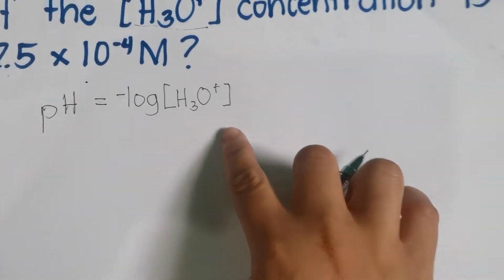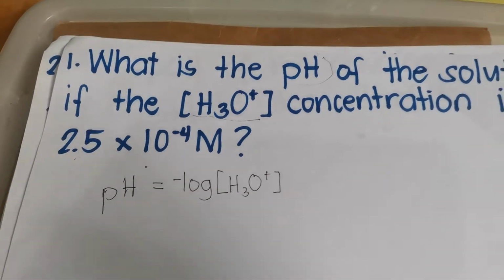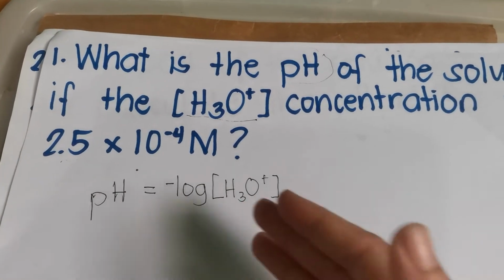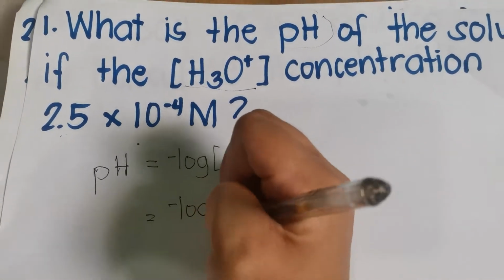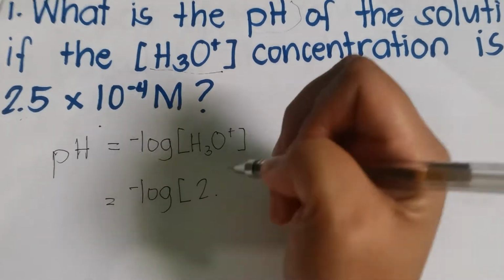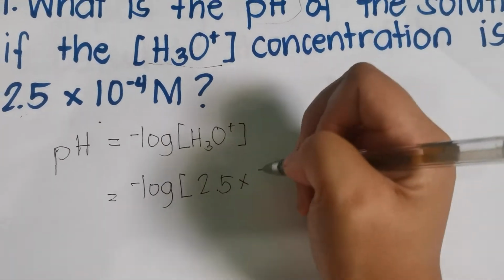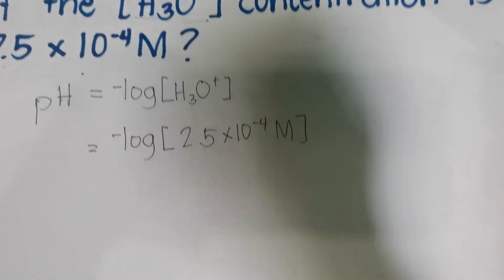This is the formula that we are going to use. We substitute the given, so we have negative log of 2.5 times 10 raised to negative 4 molarity. Just as simple as that.